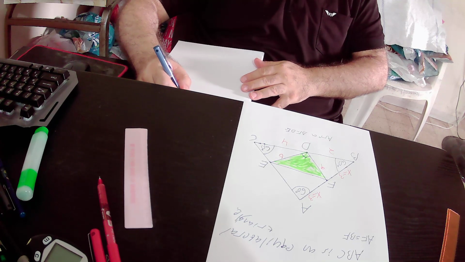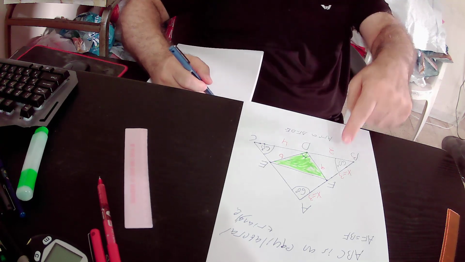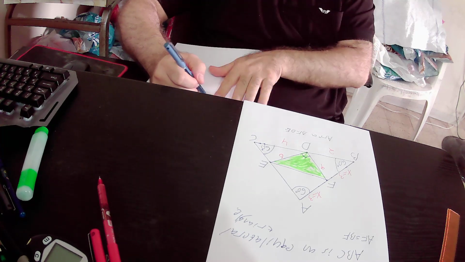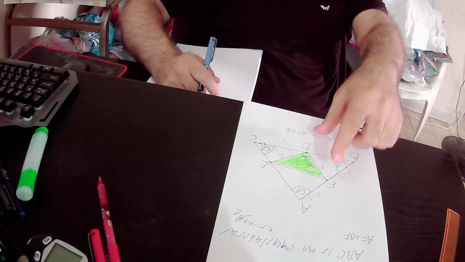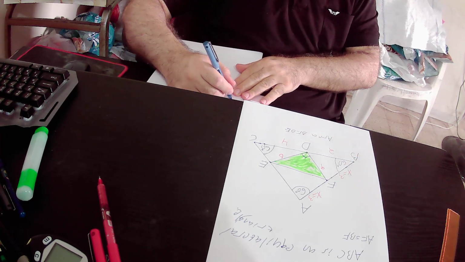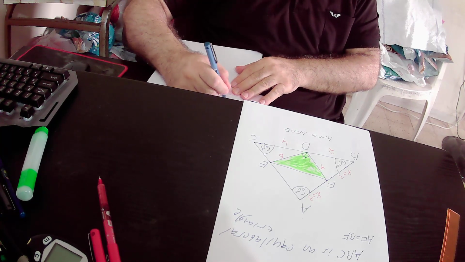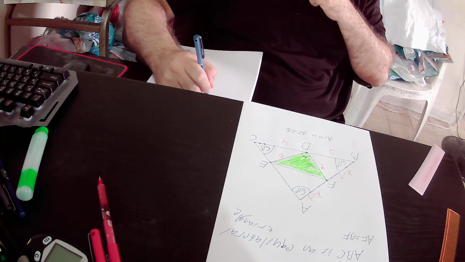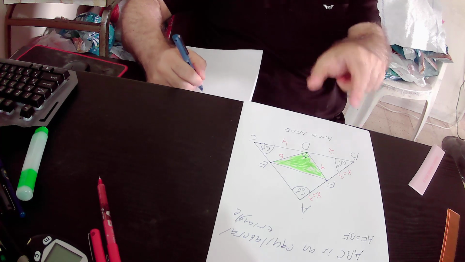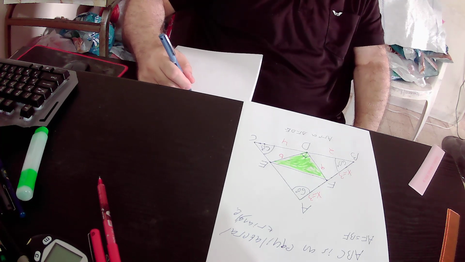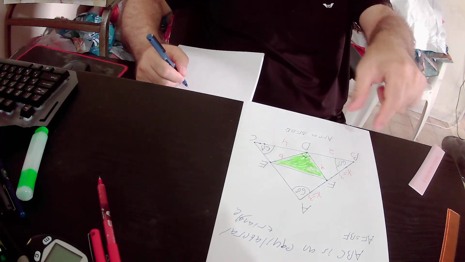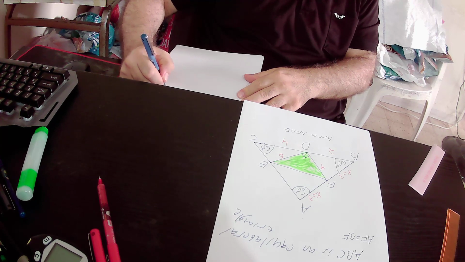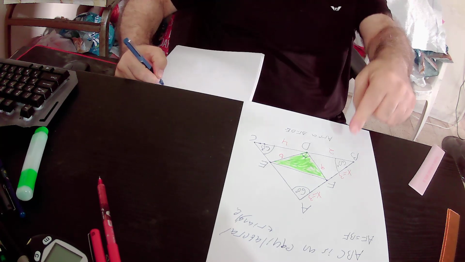In this triangle, according to the law of cosines, FD squared will be equal to BF squared plus BD squared minus 2 times BF times BD times cosine 60 degrees.